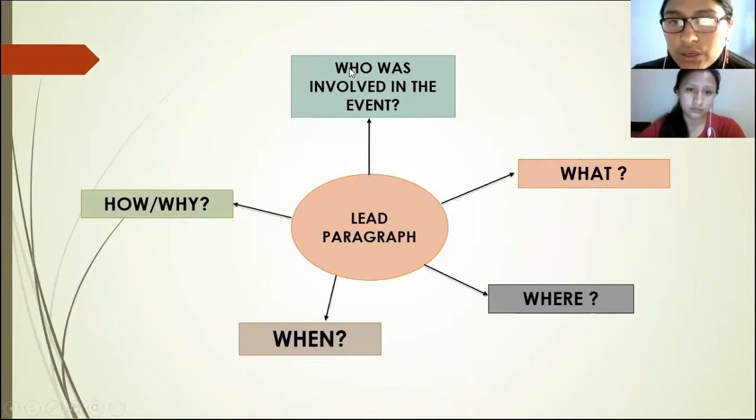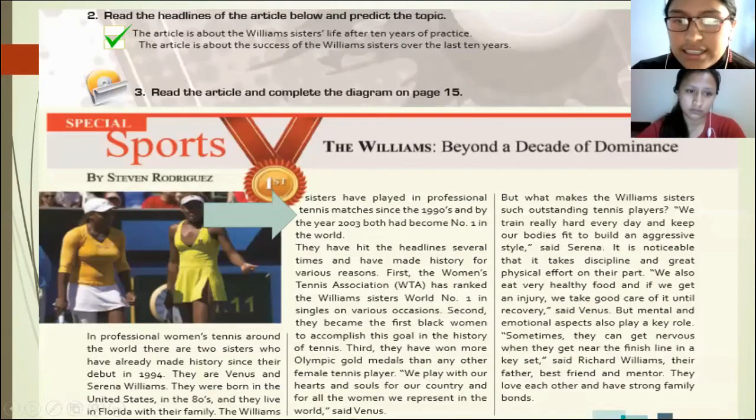In this case, you are going to answer who is involved in the event or in the article. Then we have what, where. You know, where is the place that the article takes place. And then we have when, that refers to the time, and how or why also you are going to try to answer. But as I keep saying, you have to just read the lead paragraph.